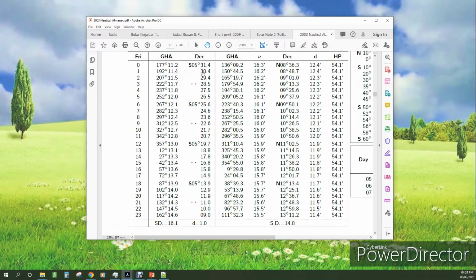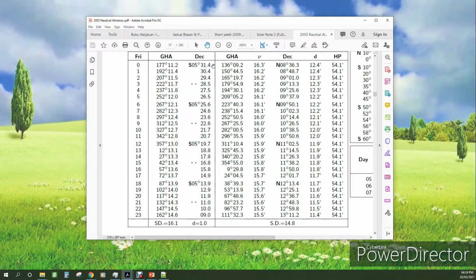This is the declination. The value we need is the declination, and d, this small letter d, is the change for every hour in the unit of minutes. So from the table, we just go down to the zero hour almanac, which is -5°31.4' minutes.